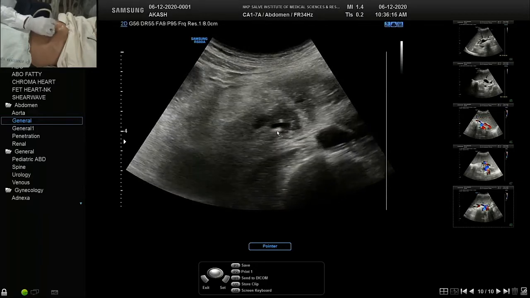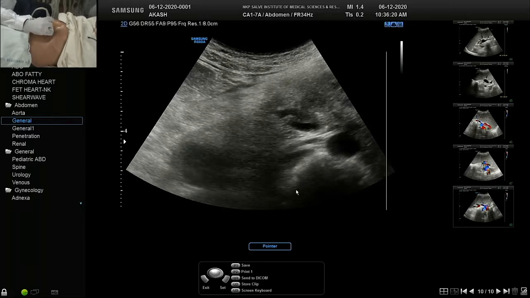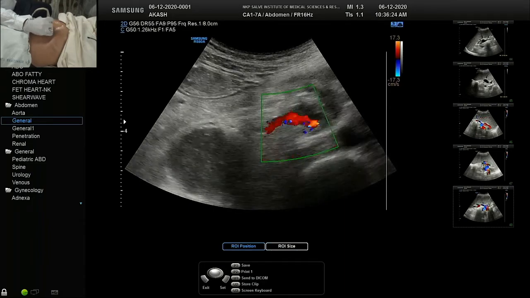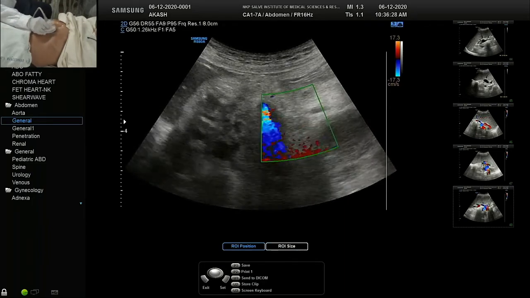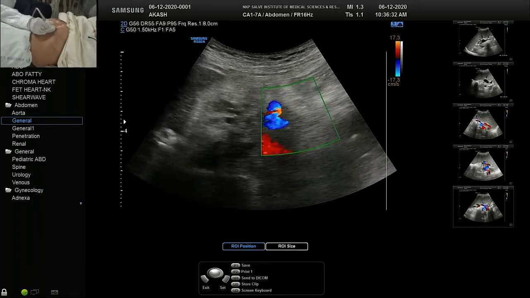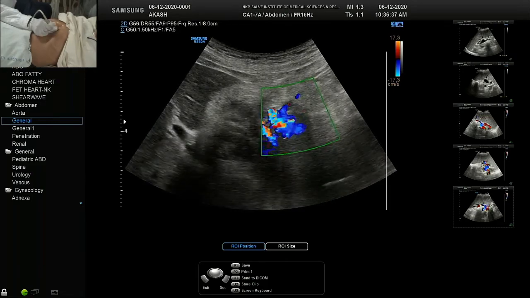That is SMA, SMV, a little bit displaced to this side. This should be the SMV. Let us put in Doppler. Yes, that shows venous flow. We'll make a long section there and try to see where it is going. That is going there, and that is probably the portal vein.